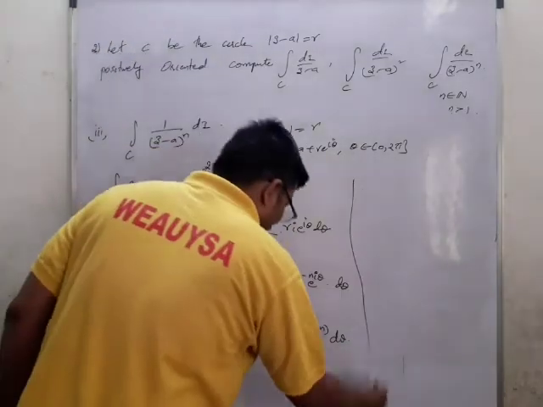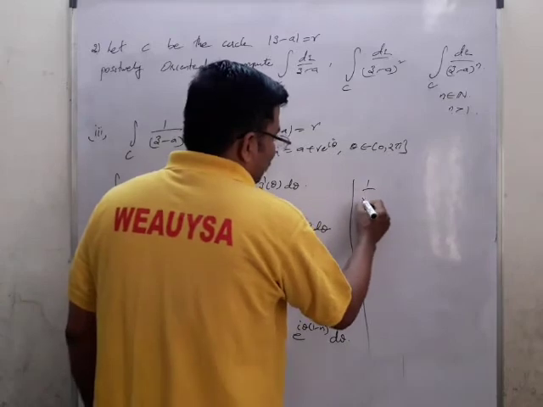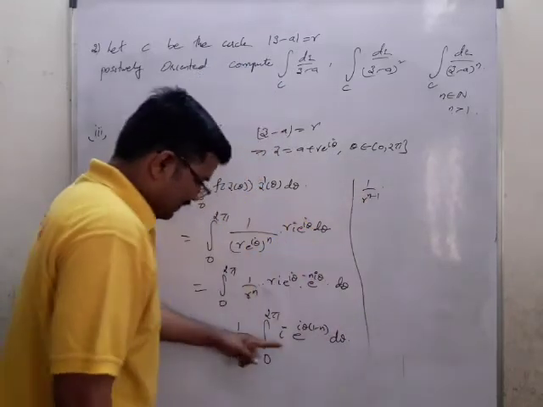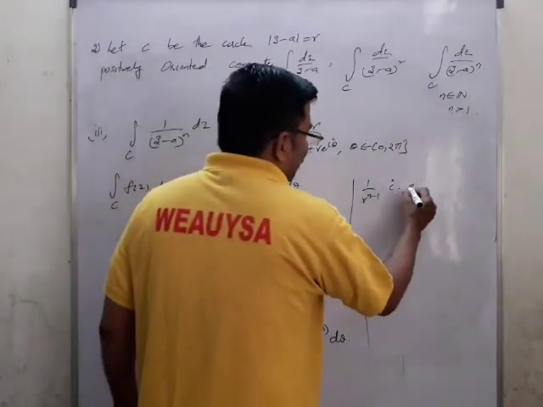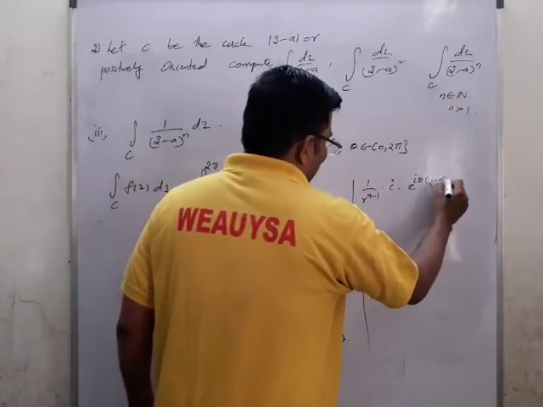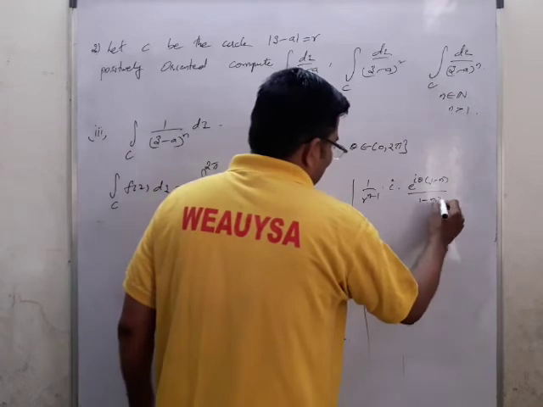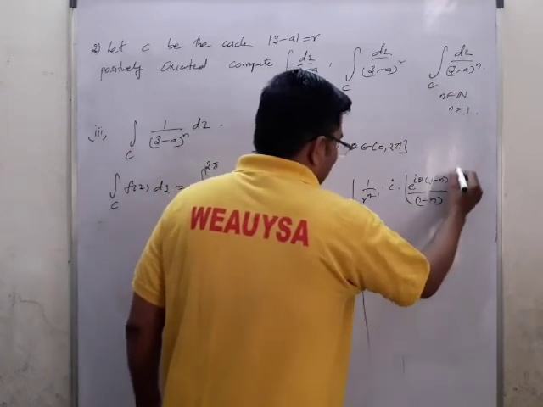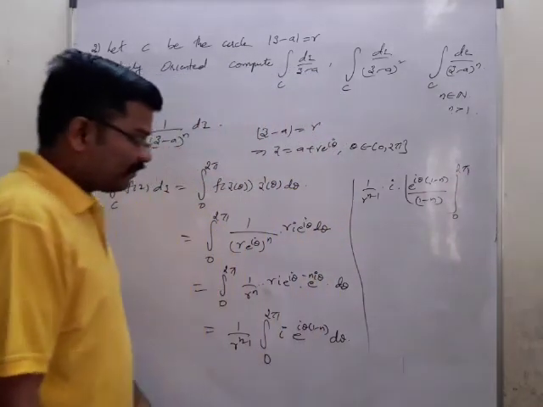Therefore what are you going to have? This is 1 by r power n minus 1. I may take it out: e power i theta (1 minus n) by (1 minus n), under 0 to 2 pi.